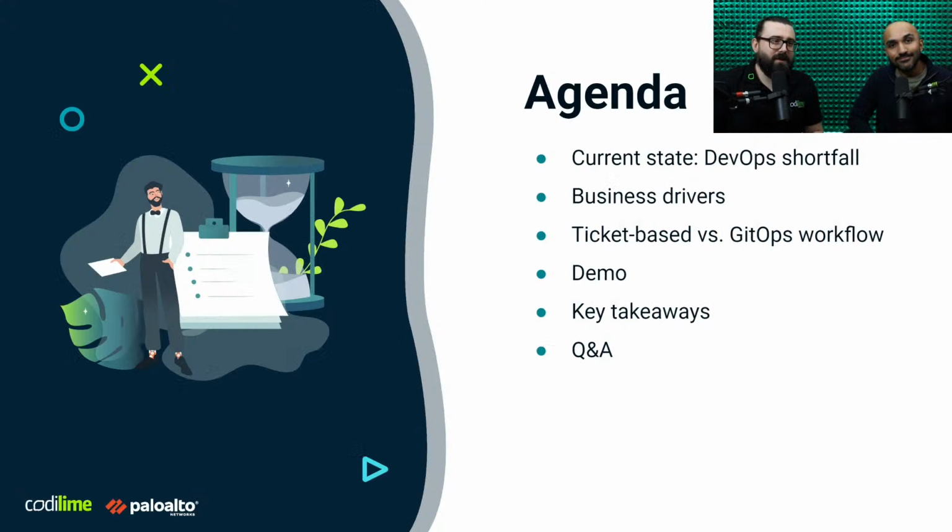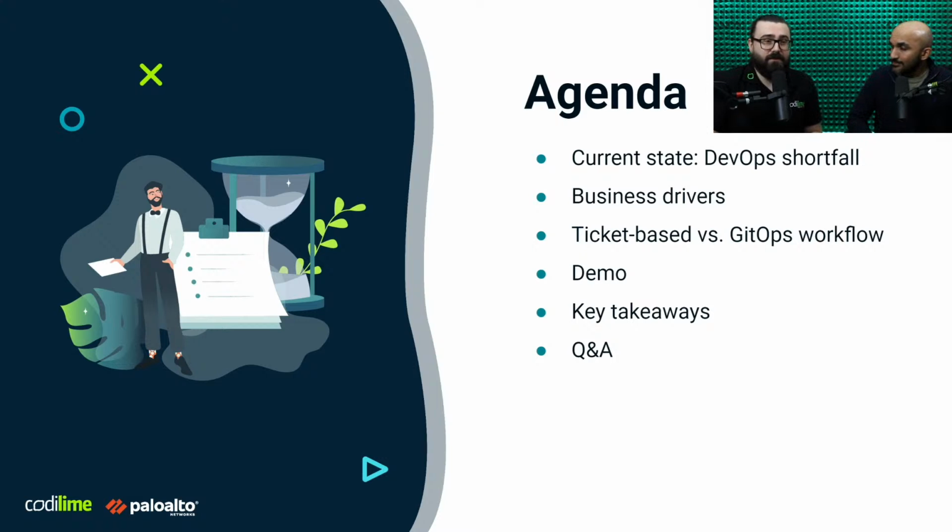So we prepared the webinar for you. Let's quickly go through the agenda, what we have today. We will go through the key points here: the DevOps shortfall, our business drivers for network configuration as code, and some stuff related to ticket-based versus GitOps workflow.